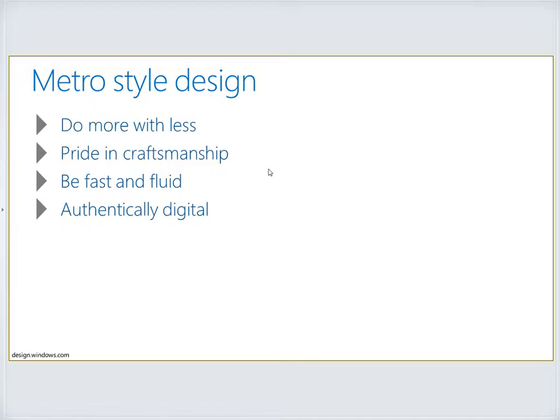We want to make sure that you're authentically digital when you build your applications. Don't have drop shadows for no reason. Don't have artifice and things like that that take away from the experience, but really mask it. And then finally, we want you to win as one, by understanding that leveraging charms and the capabilities of other applications in the ecosystem is the best way to make your app fantastic and useful for users.